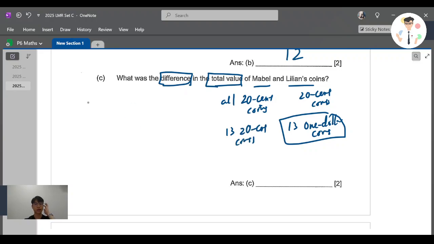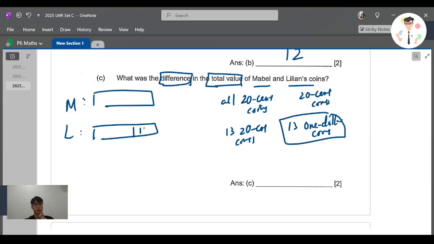Do you get what I'm trying to say? For example, this is Mabel, this is Lillian. This is the number of coins, this is 13. This is a 20-cent coin, this is a $1 coin. This one is all 20-cent coins. But of course, there will be a part that is different. This part and this part are the same value, but this part will be different.